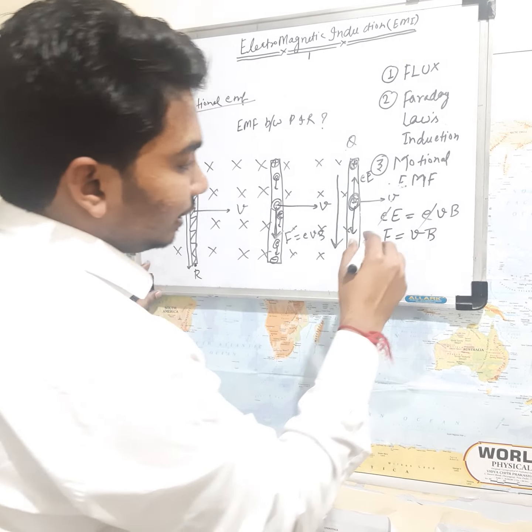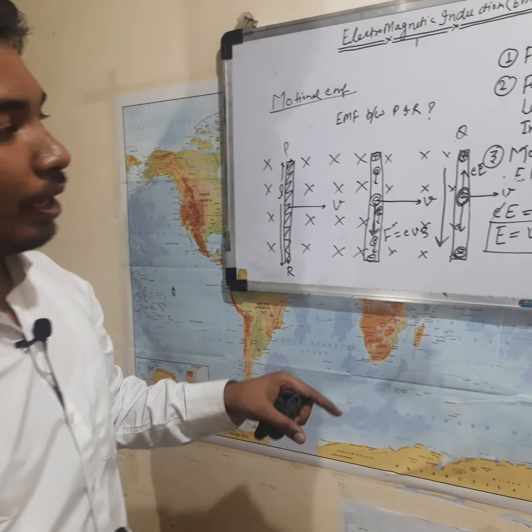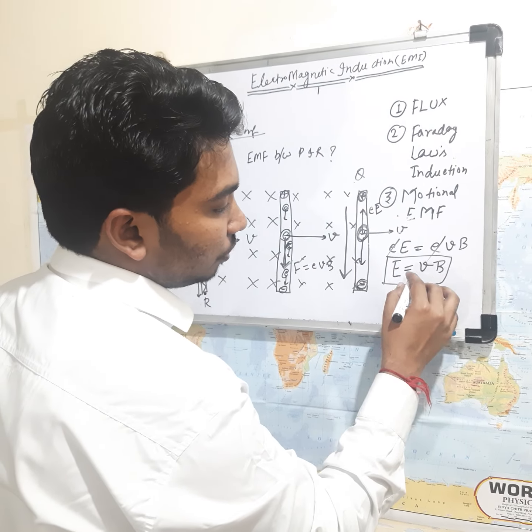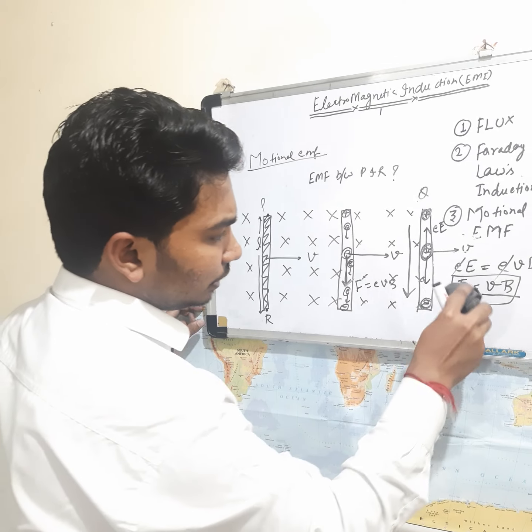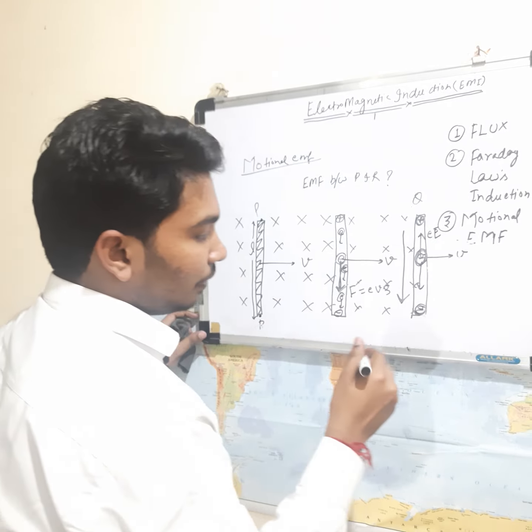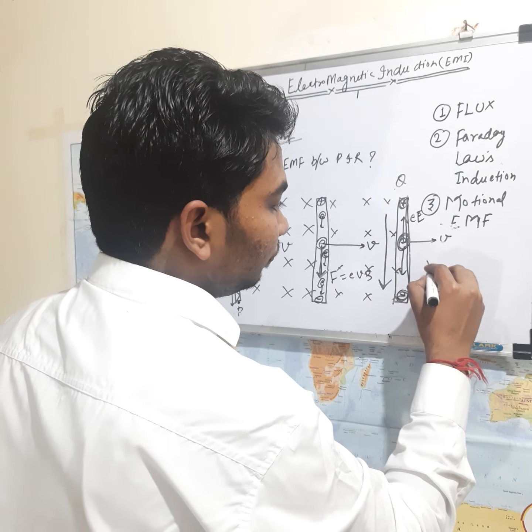This is the electric field inside this conductor, and it doesn't depend on position, so it is a constant electric field. Since the electric field is constant, we can write the potential difference from this point to this point.